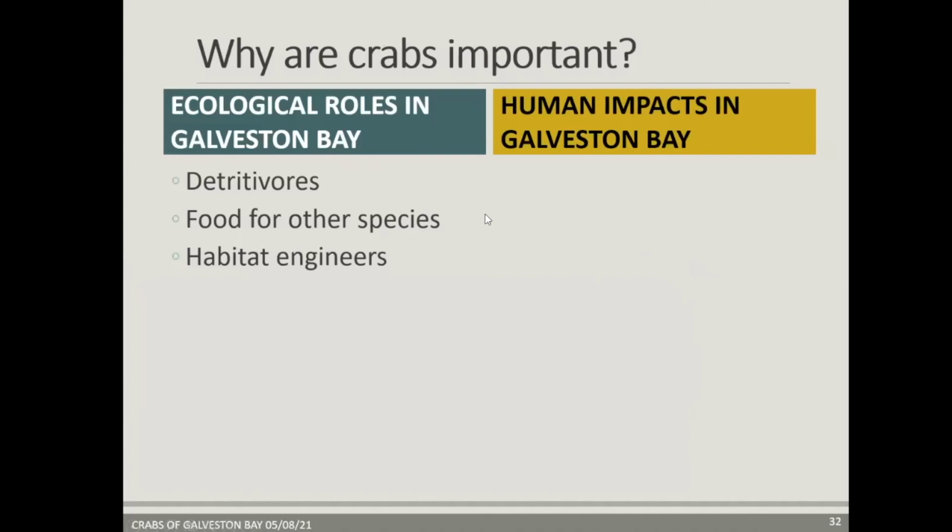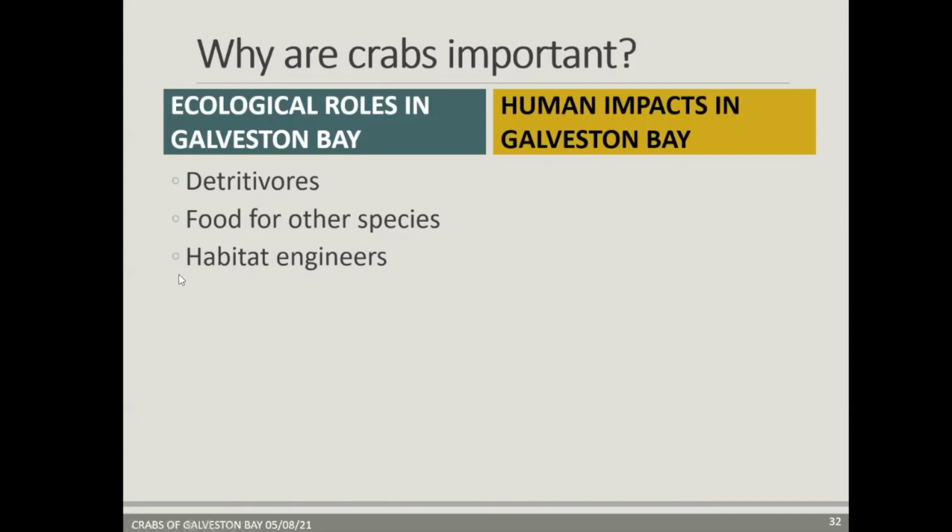Why are crabs important? Ecologically, they're very important because they are detritivores. There are some papers out there that say if it wasn't for the crabs in coral reefs, the coral reefs would not be able to survive because of the detritivore contribution that crabs make. Crabs are food for other species, including humans.